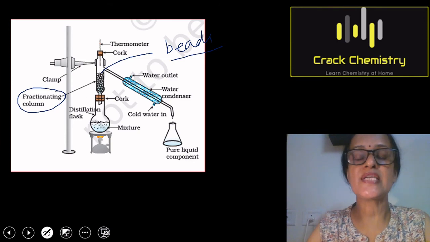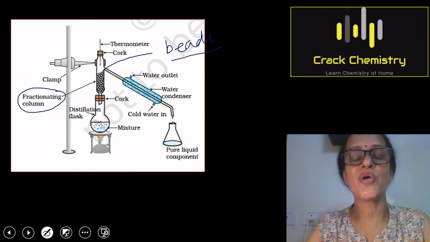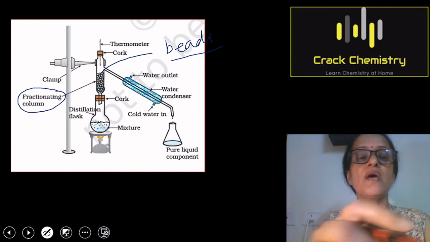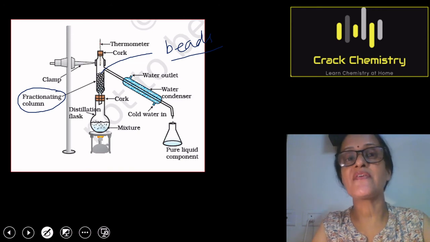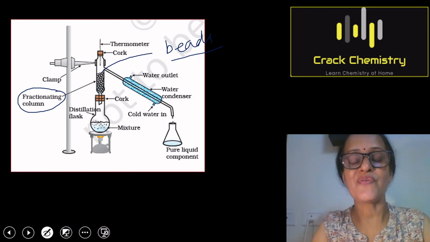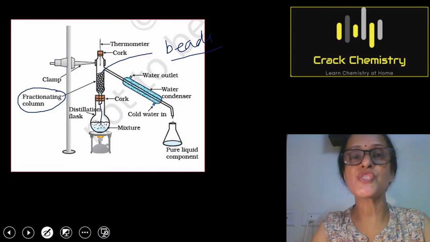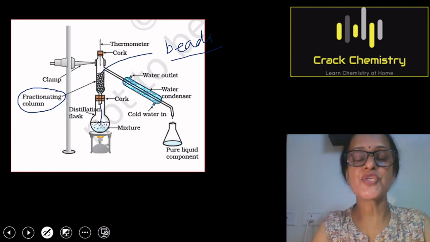Once you start heating the mixture where its components differ in boiling point by less than 25 degrees, on heating, vapors of both the liquids will rise up as the difference in boiling point is less. So the vapors of both the liquids will rise up, but on rising up, they will pass through the fractionating column. The fractionating column is filled with glass beads.